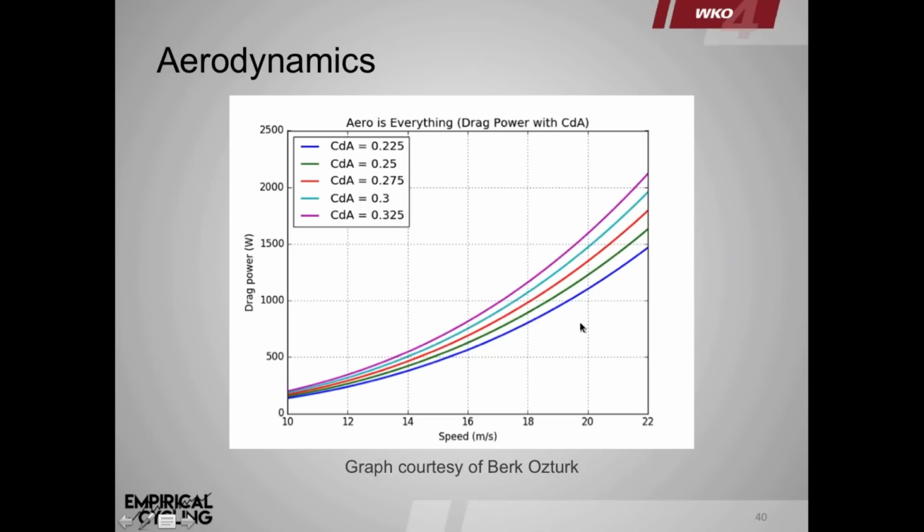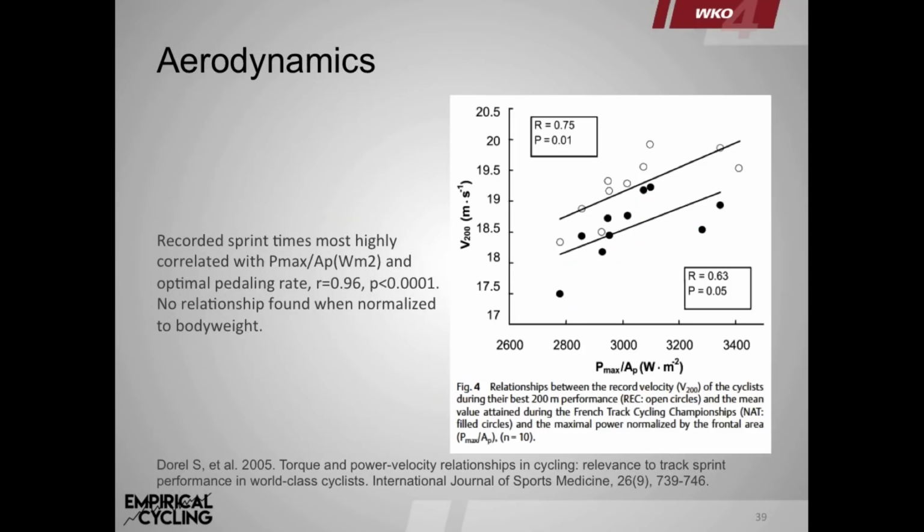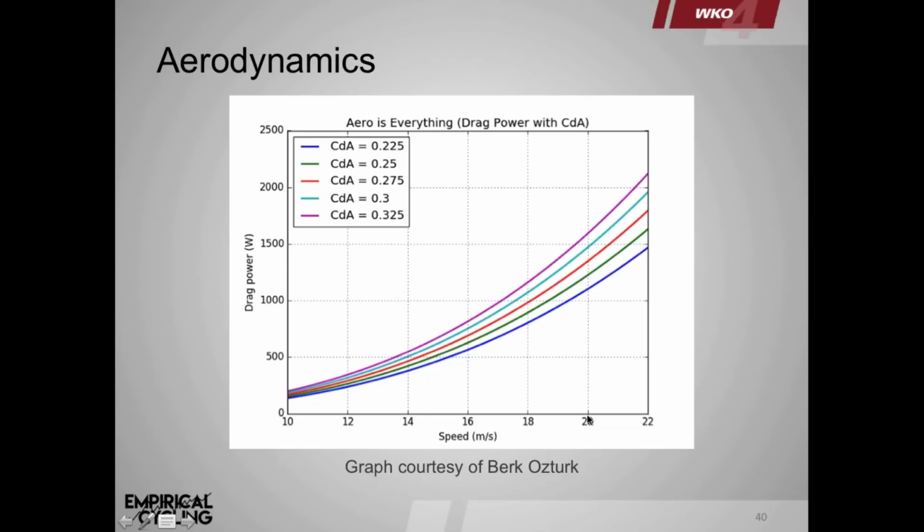So in the previous slide we saw speeds around 18 to 20 meters per second. Looking here, we can certainly reach peak speeds of higher than 20 meters per second sprinting on the track.